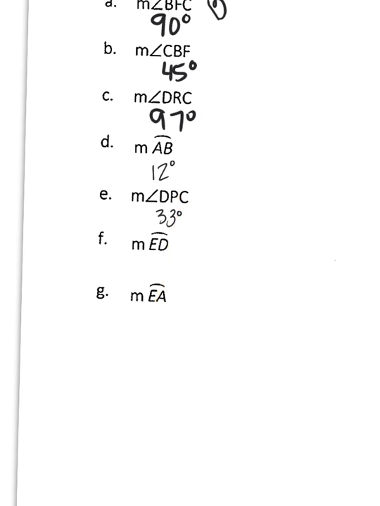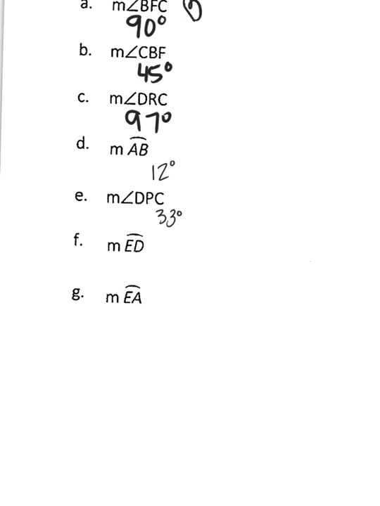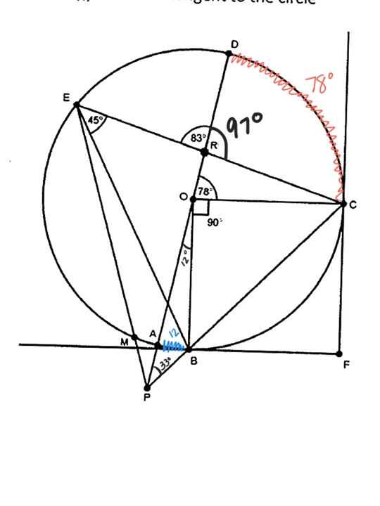Next, I'm finding the arc measure from E to D. So that would be from E to D right here. Let's go ahead and trace where that arc comes from, which angle. So I'm going to trace its lines back to a vertex, and I see that these lines meet at vertex R right there.